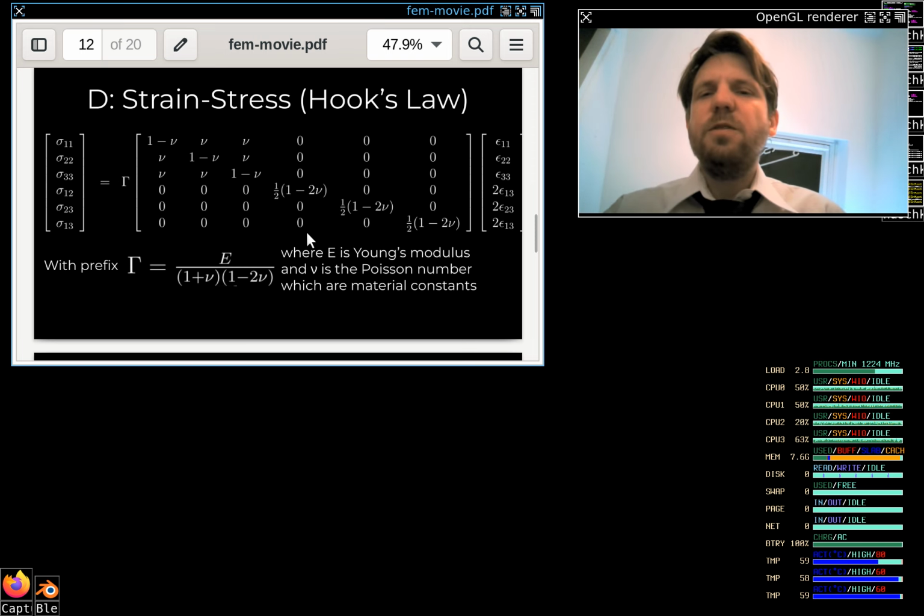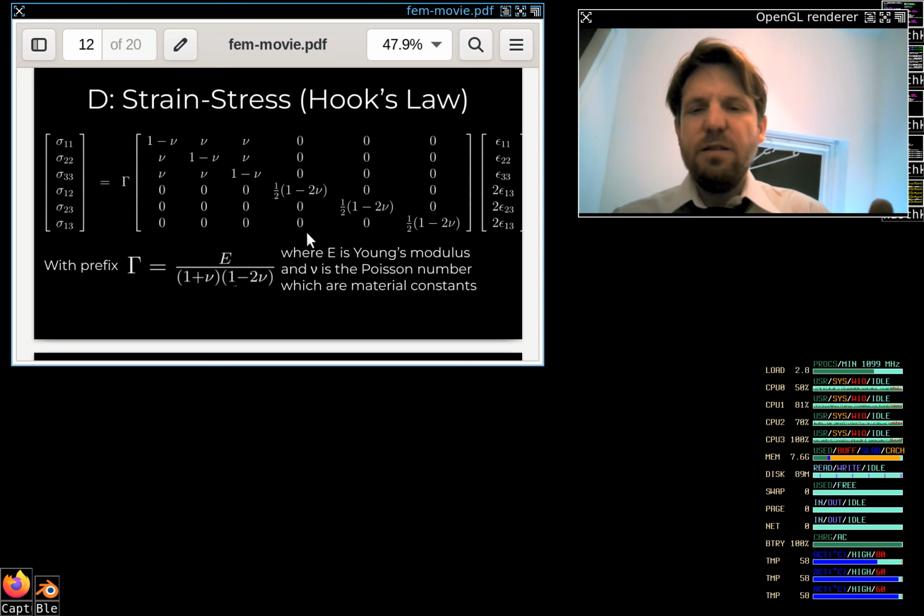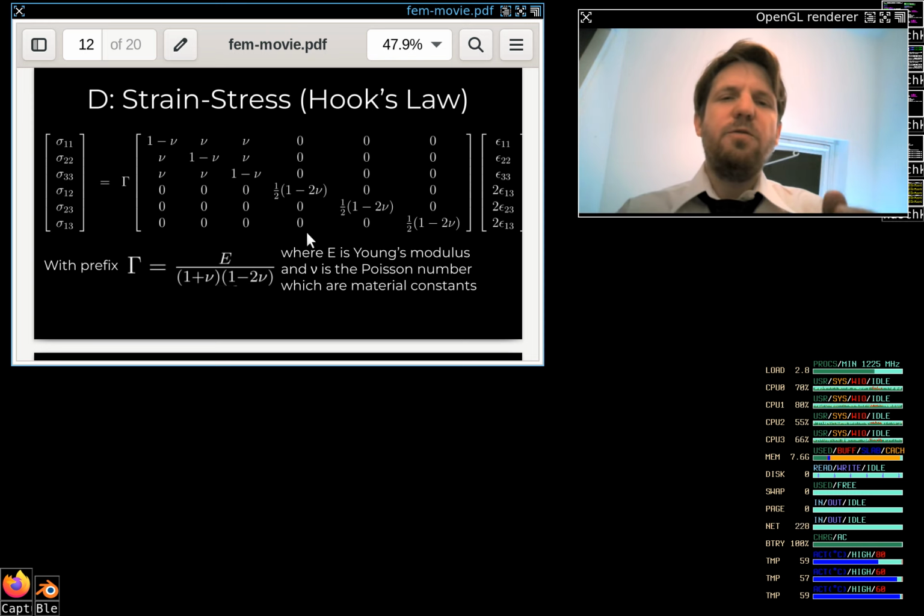It's a linear relation: you apply some force, and linearly the object gets smaller. For instance, if I put a force on the final edge of a beam, how much does the beam get smaller.